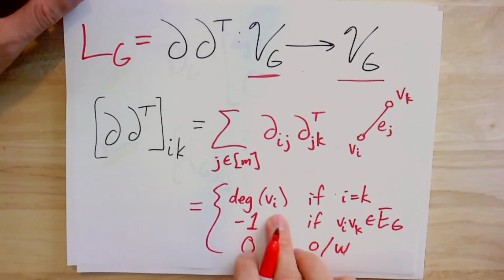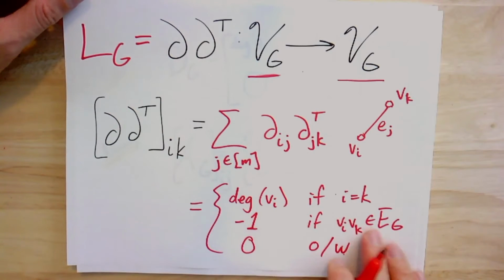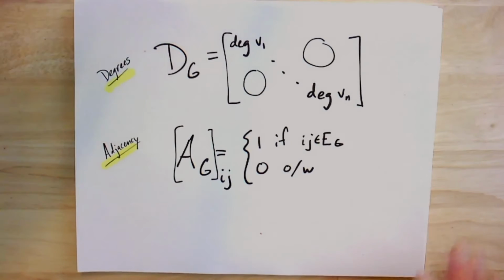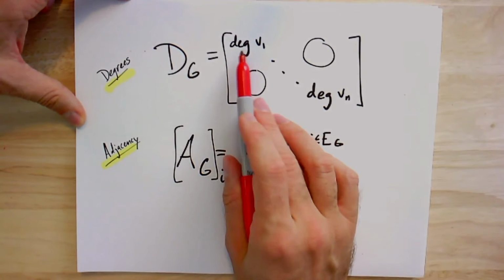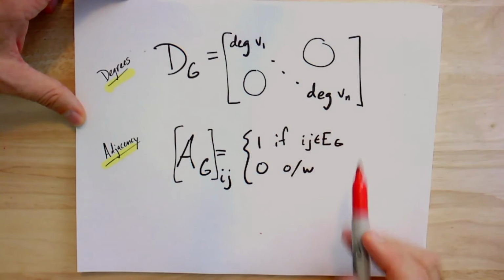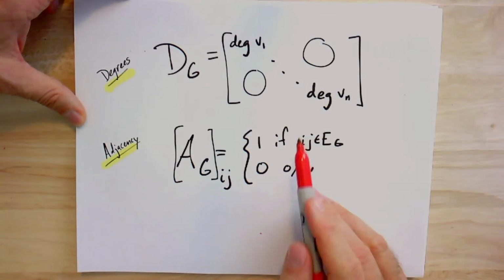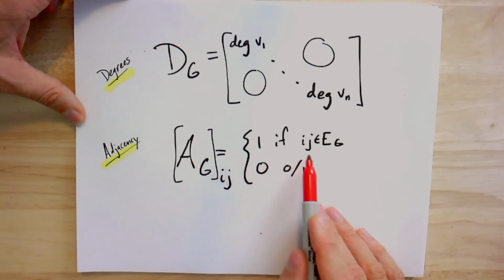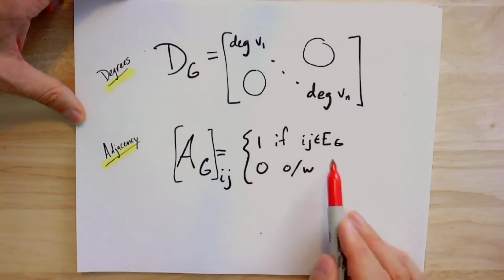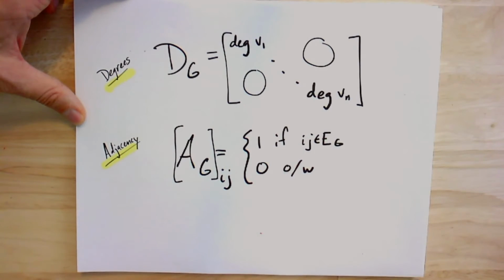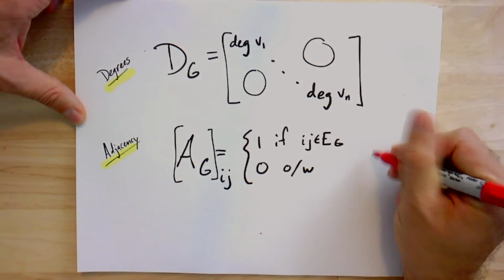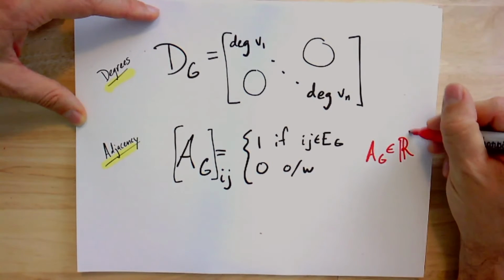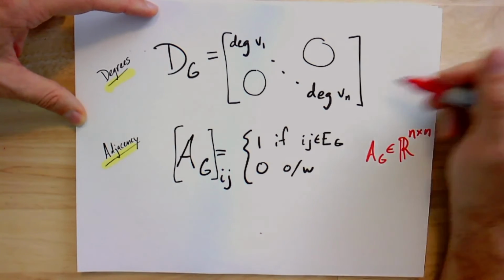All right, so this matrix is a little funny, right? The diagonal is special, and then everything else just depends on whether there's an edge. And in fact, you can write this in the following form. If I look at the degrees of all the vertices, and I put those on the diagonal, and I look at the adjacency matrix, which again has a 1 in entry ij if the edge ij is in the graph. And so just to be clear here, A_G, we're also thinking of this as an n by n matrix.